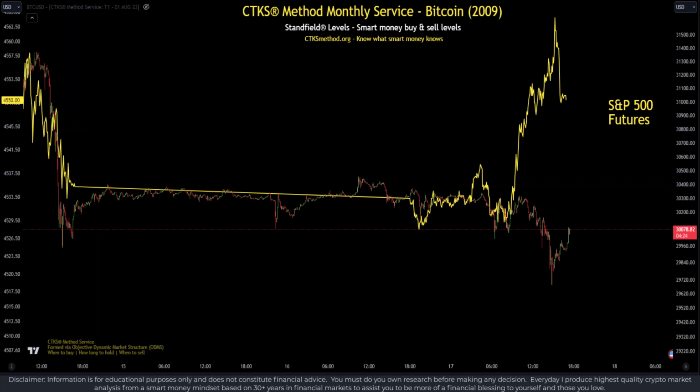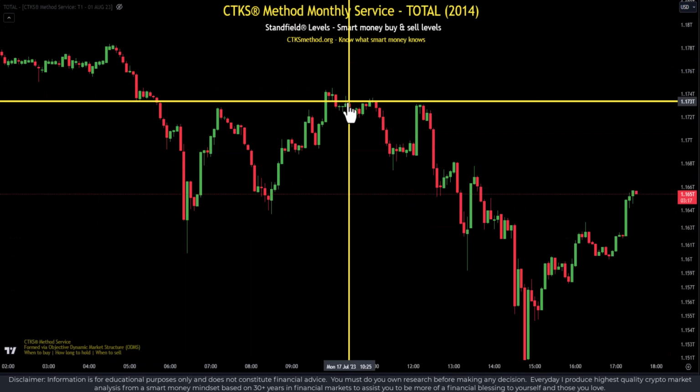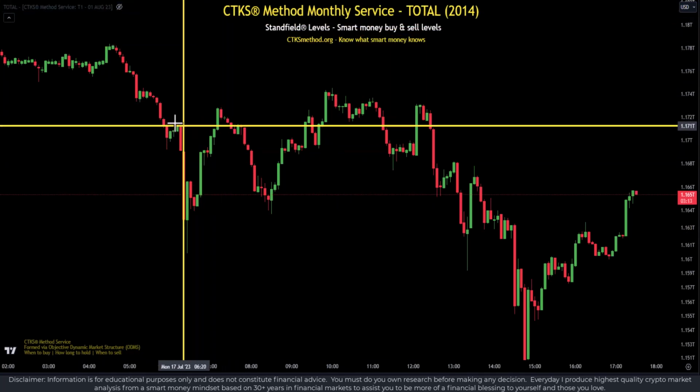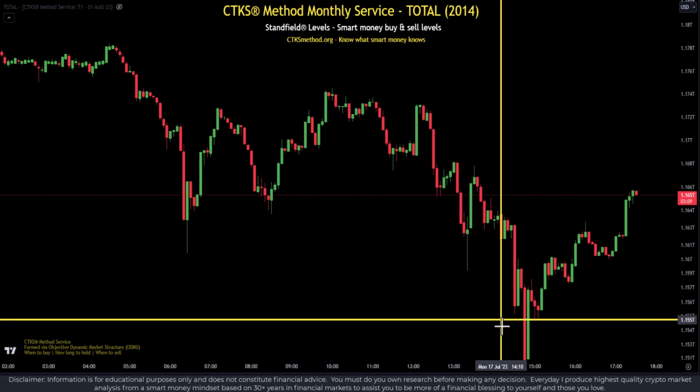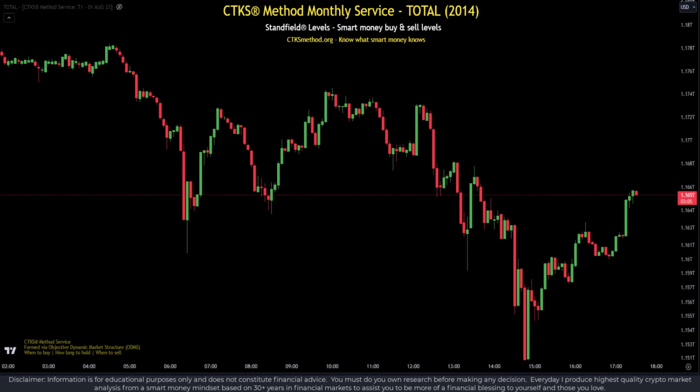It's critical to look at total crypto market cap, and I'm just about to pop on the smart money indicator, but the concept is: was total supported by smart money buy areas, or is it under resistance? Answering these questions is vitally important. Total impacts Bitcoin. Bitcoin impacts the alts.